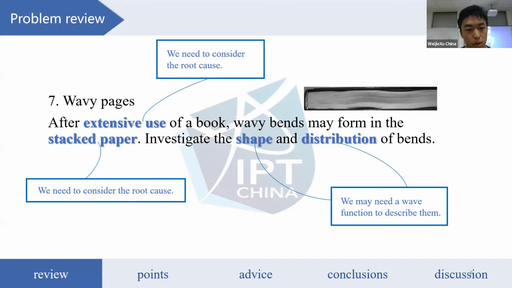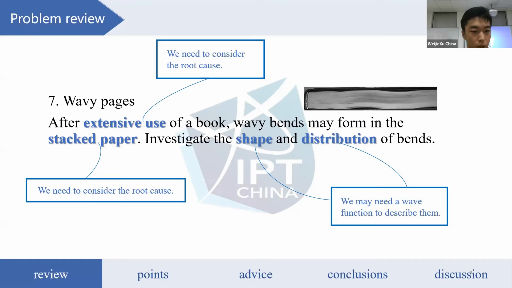For the first keyword, I think we have the same recognition that extensive use isn't the main reason for forming the wavy pages; it is the dampness, right? So I think that is the right source.